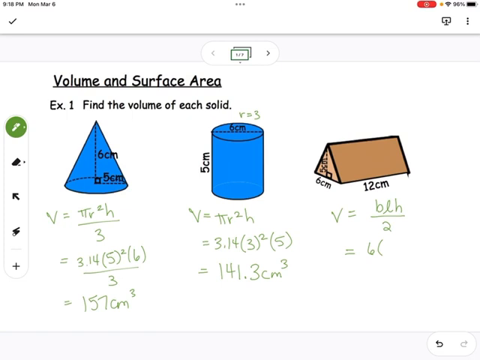The length is actually the height of the triangle, so the length is 5. And times the height, which is here, which is 12. So 6 times 5 times 12 divided by 2 gives us 180 centimeters cubed.